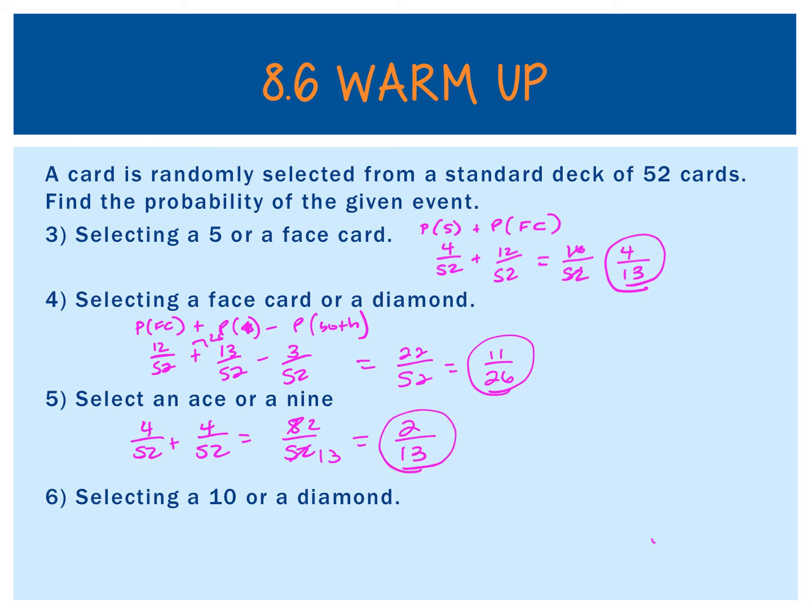How you do that's completely up to you. On the last one, a 10 or a diamond. So can it be a 10 and a diamond? Yes. How many 10s? 4. How many diamonds? 13. How many 10s that are diamonds? 1. So 17 minus 1, 16 over 52. And we already simplified this, 4 over 13.